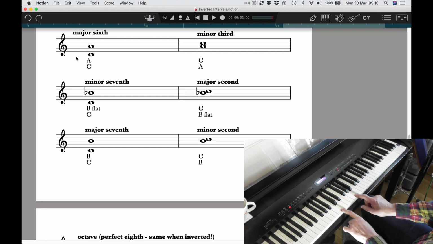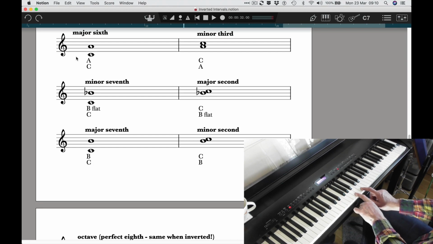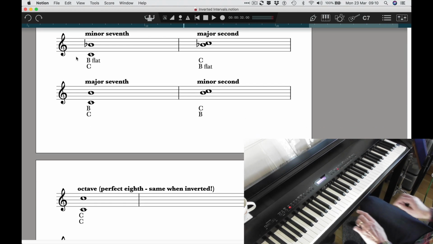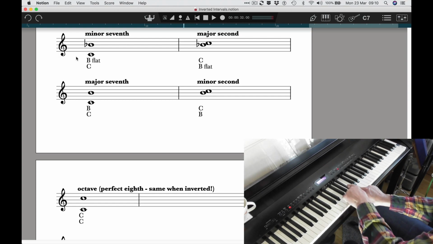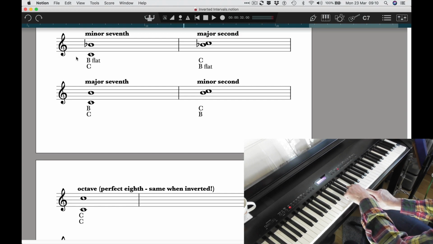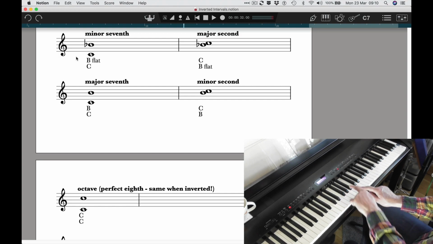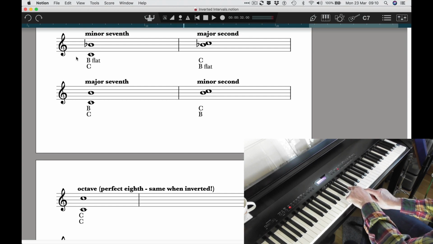Last two now. C to B flat, which is a minor seventh. Invert it, put the C on top, becomes a major second. Minor seventh becomes major second when you invert it or turn it around. 2 plus 7 equals 9.